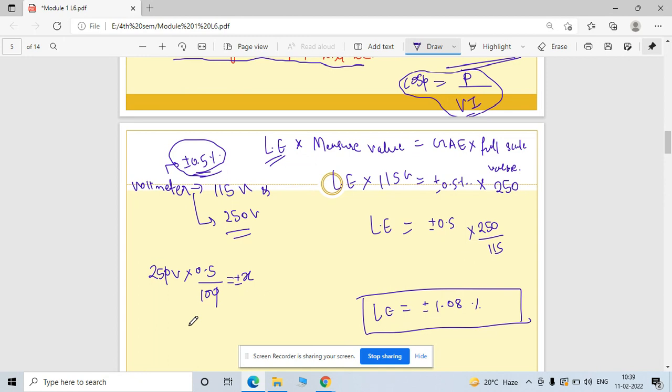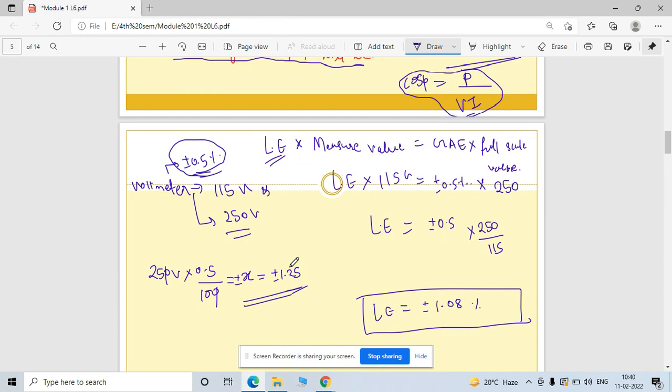When you solve this, you will get x is nothing but plus minus 1.25, right?